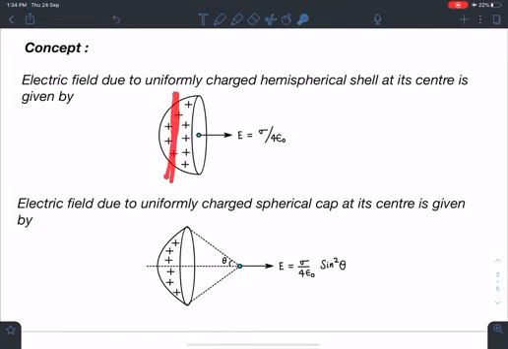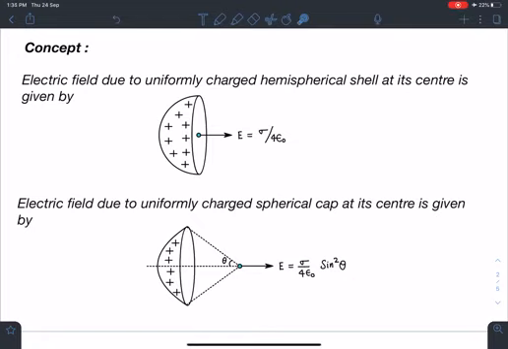If I take this part of the sphere, it will generate a cap kind of thing, and let's say that cap is subtending a half angle of theta here as shown in the diagram. In that situation, electric field at the center C of this sphere is going to be sigma by 4 epsilon naught sine square theta.